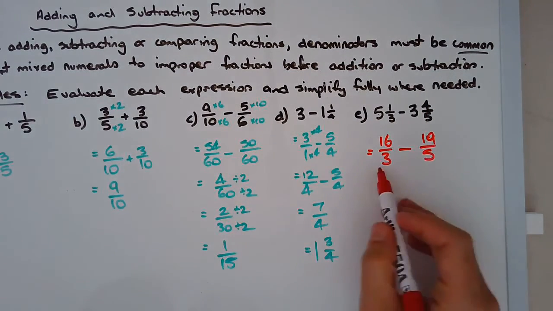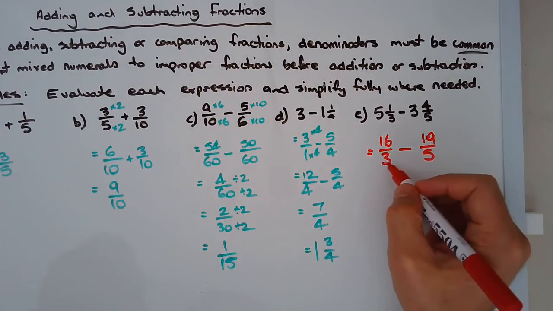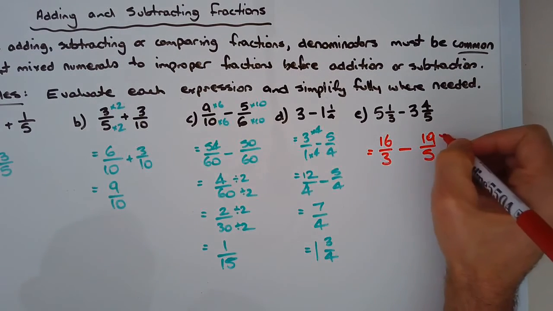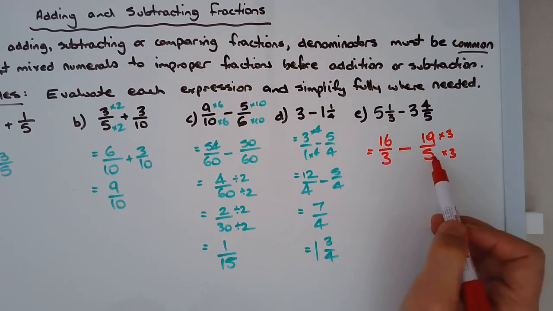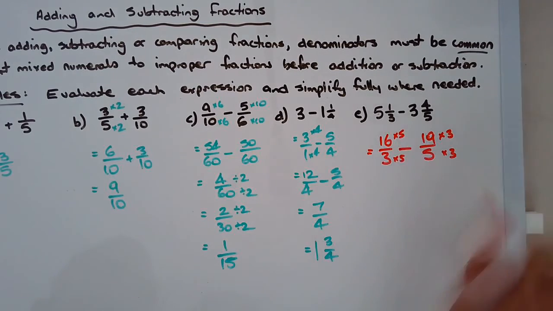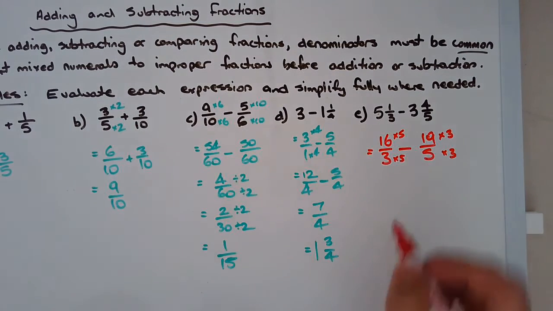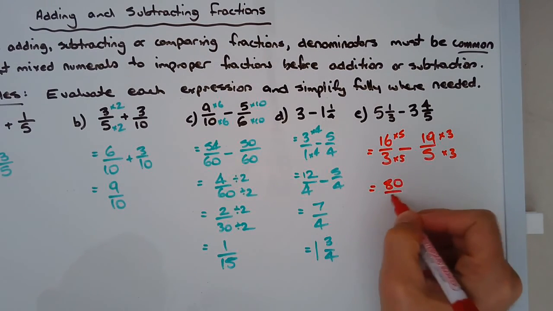Denominators now need to be made common. Let's multiply the second fraction by the denominator of the first fraction, and multiply the first fraction by the denominator of the second fraction. 16 times 5 is 80 over 15.